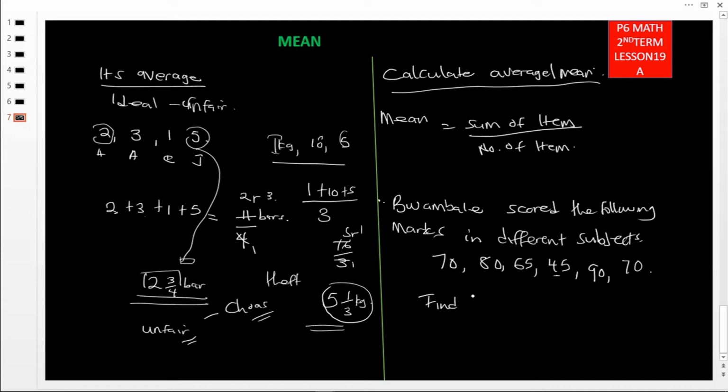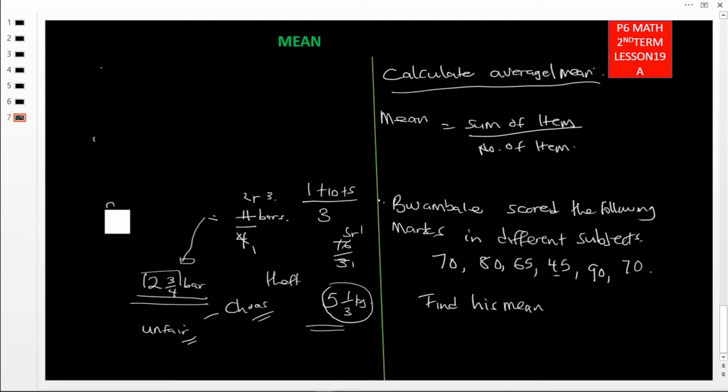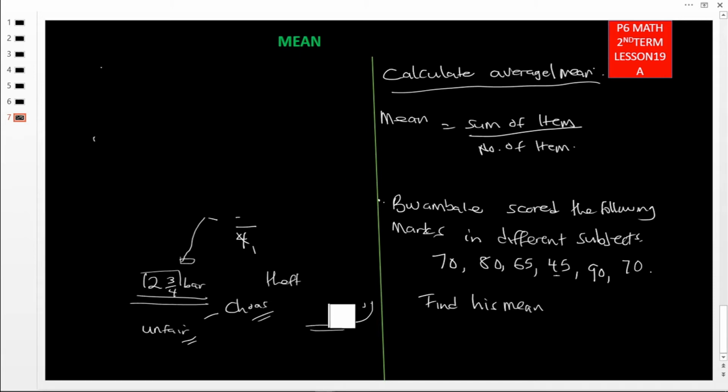So find his mean. So this means that suppose he was supposed to get 1 uniform mark in all the subjects. So what could that mark be? Are we getting? Now instead of getting 45 in maybe one subject, then 90 in the other, that is being unfair. So that's why I've told you this mean helps us to control chaos.